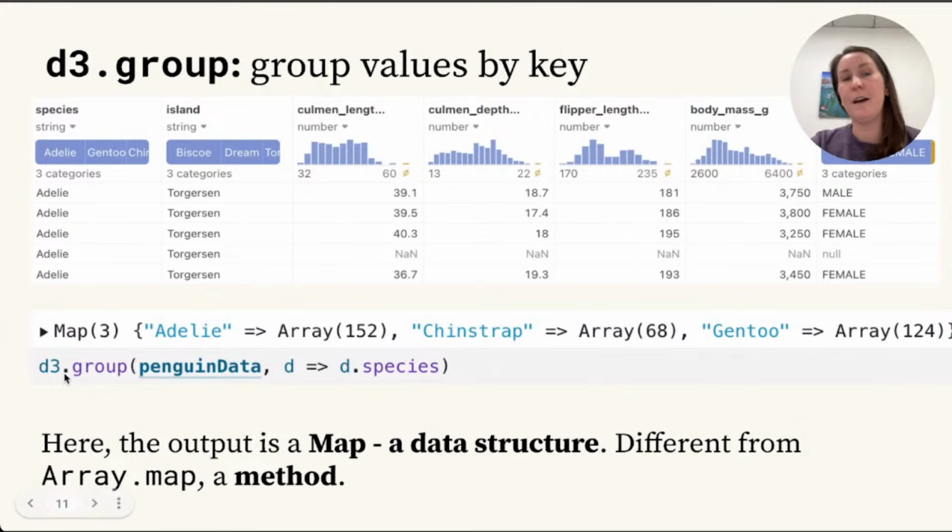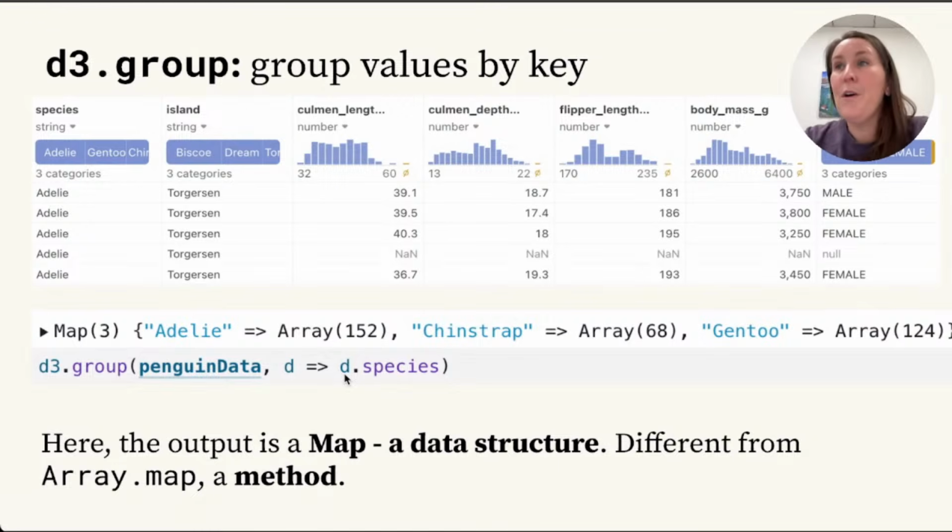So if I use, for example, D3.group on penguins data using the species key, then what it's doing is identifying the different unique levels within that species property and saying each of those belong to the same group if they're, in this case, the same species.